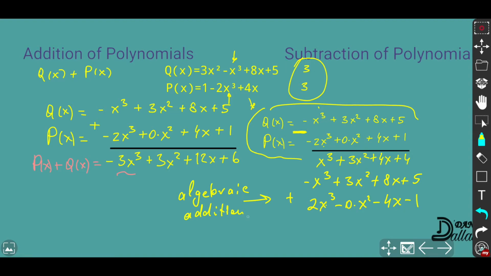And now we just need to add them as in the previous case. But in reality, what we're doing is subtracting the bottom polynomial from the top one. Okay, so we add and we get x cubed, plus 3x squared, and 8x minus 4x will give plus 4x and plus 4.